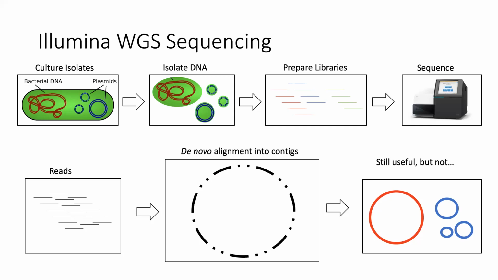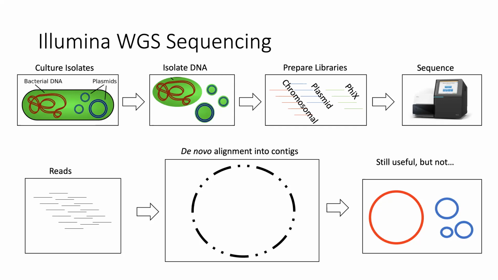And when we prepare these libraries, we essentially take the chromosomes and the plasmids and we break them apart. And so we have chromosomal sequence, we have plasmid sequence, and then we have phi-X sequence. If you're doing Illumina sequencing, this helps balance out the red and green lights in the sequencer to give you more accurate reads. And then we throw it into the sequencer, and we get reads from that, and that's great.